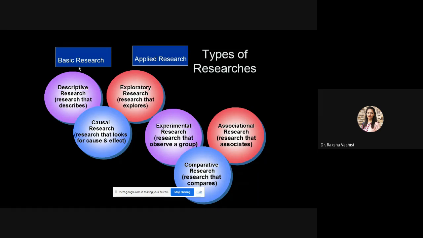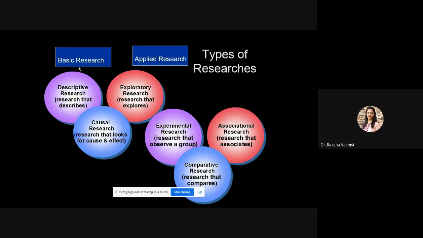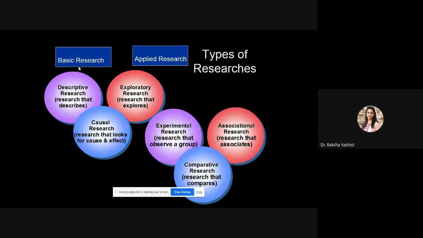But when we talk about the second category, that is applied research, where you are facing any specific problem, that is, basic problem is not specific but applied problem is specific in nature. It has a specific objective, specific goal.